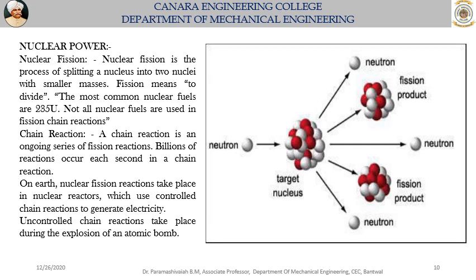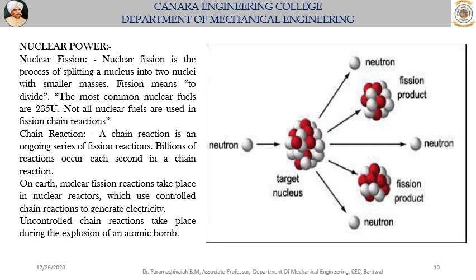Say this nucleus is a uranium 235 nucleus. When this neutron strikes this very heavy nucleus, it absorbs the energy and splits into two. This is a fission reaction because it divides into two, and these are the fission products, smaller nuclei.